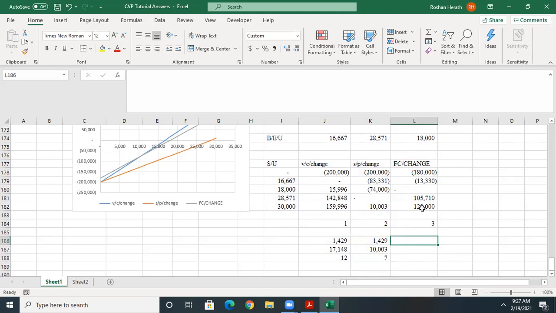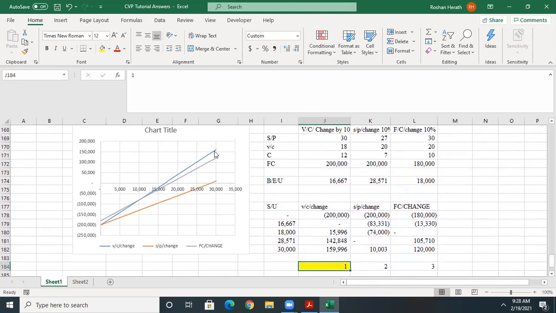The fixed cost also has a change at the same level of 1,429 units, but the change is 120,000 minus 105,710, right? 14,000. But if we take it, right, it's 10. So the variable cost is the first one, as was witnessed.